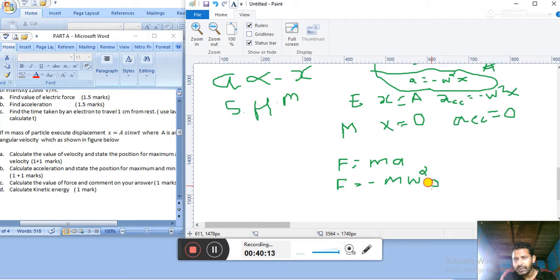So force is also directly proportional to the displacement, and they are opposite to each other, hence the minus sign. In this way we can solve these questions.